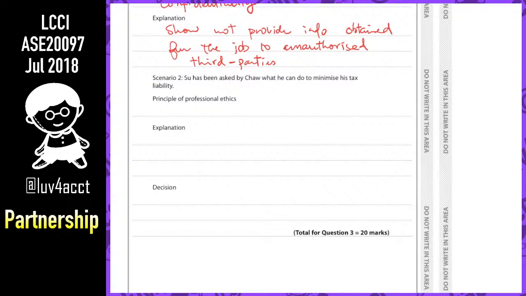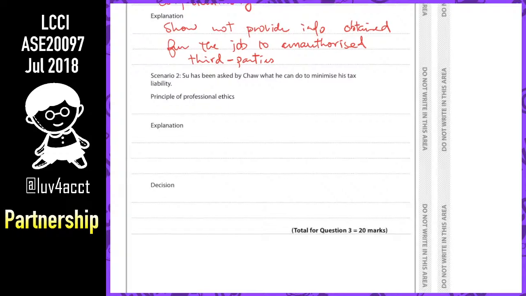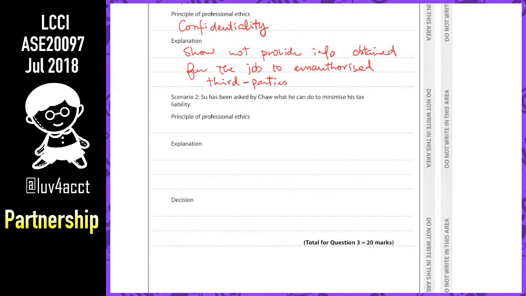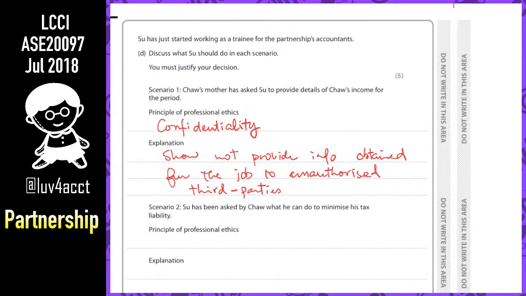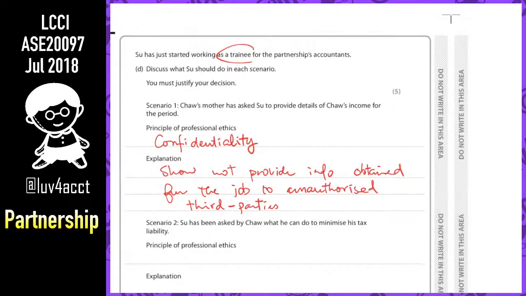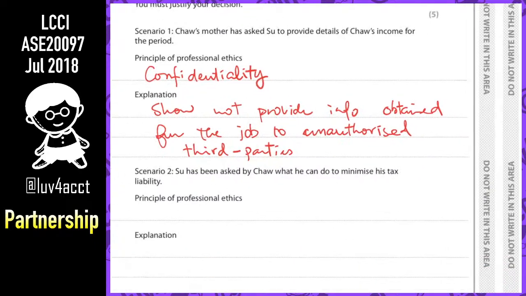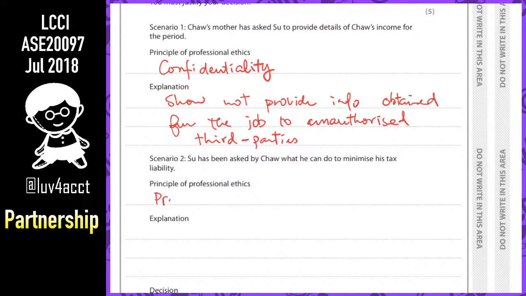For me, what's more problematic is that this Sue is just a trainee, started working as a trainee. So I doubt if she knows how to do it.